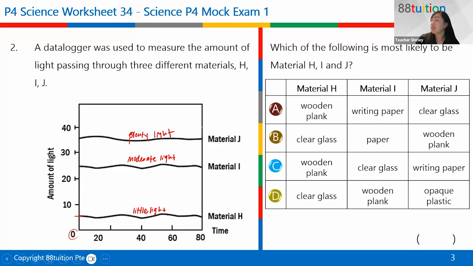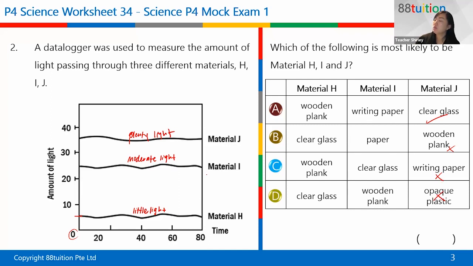So, of course, the one that lets the most amount of light pass through will be something quite clear, quite transparent. So this is transparent. These are not.